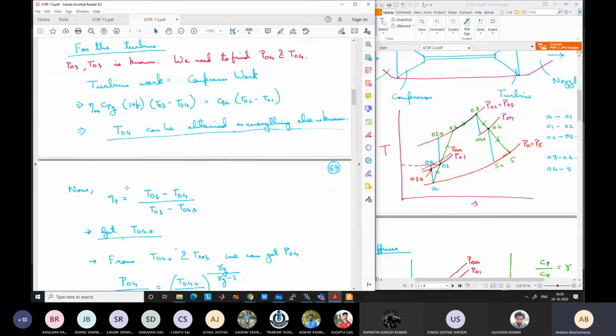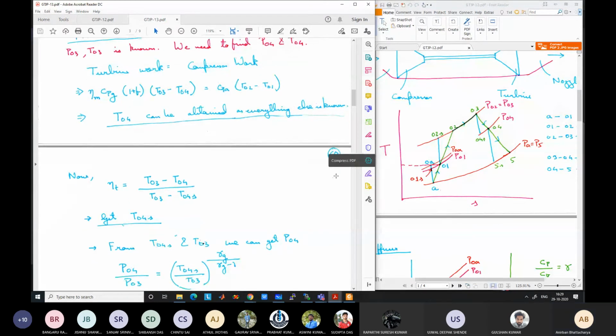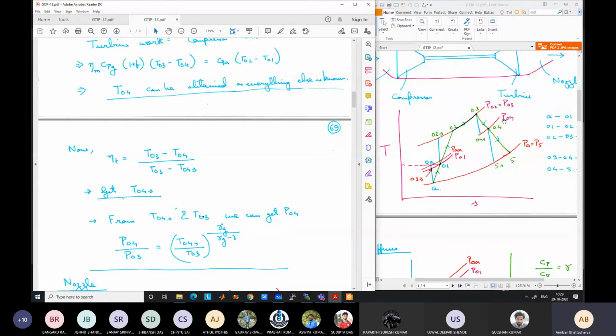Now using the isentropic relation, eta T is equal to (T03 minus T04) by (T03 minus T04s). T03 and T04 both are known, so you will get the isentropic temperature T04s. Using the isentropic relation, you can now obtain the pressure. P04 by P03 is equal to (T04s by T03) to the power gamma g by (gamma g minus 1).